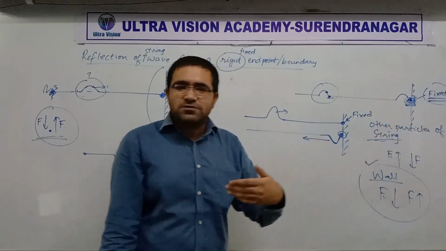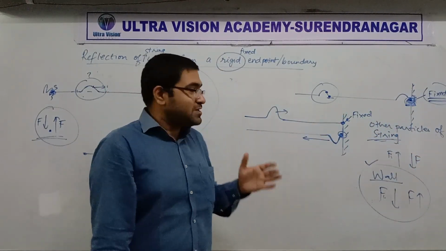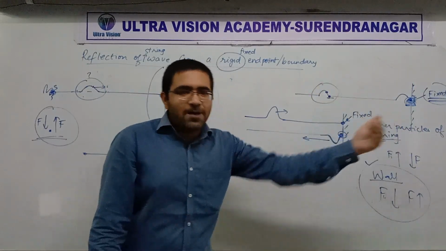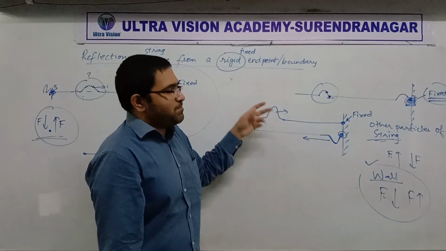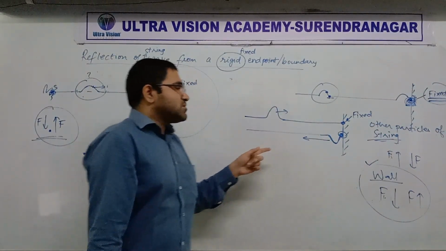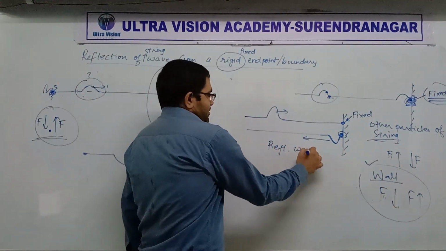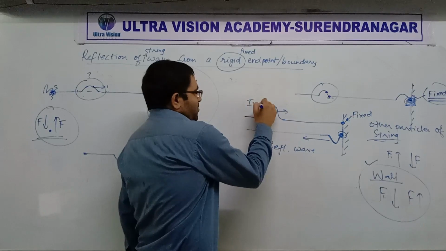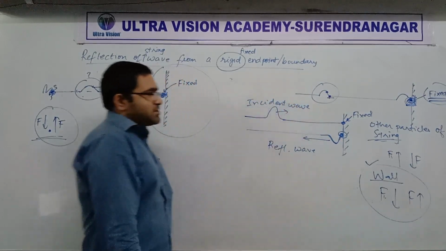It will bounce back. It will reflect. See, this is reflection. It will hit the wall, it will come back. But when it comes back, its shape will get inverted. Did you understand what I have drawn? This is the reflected wave, and the upper diagram is called the incident wave. Clear or not clear?